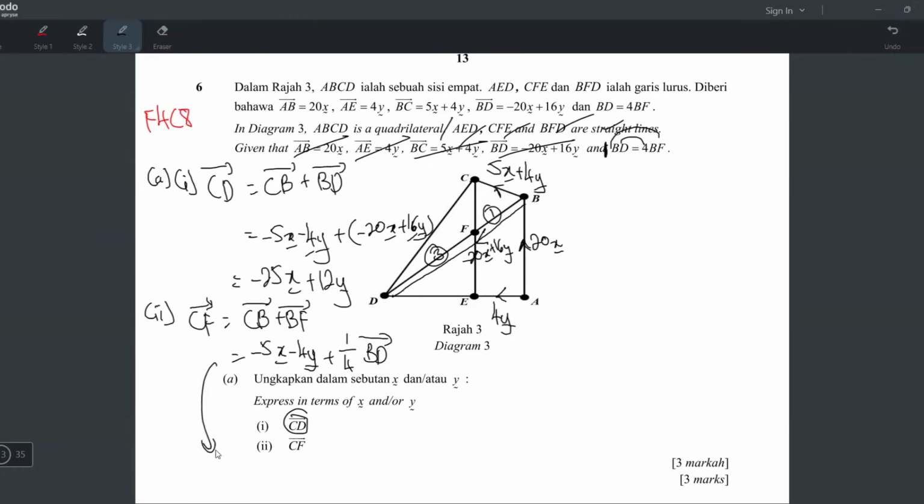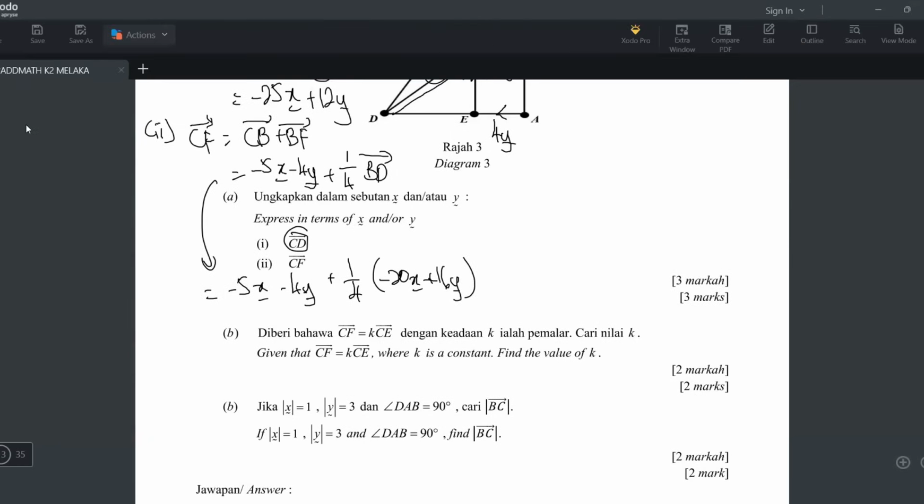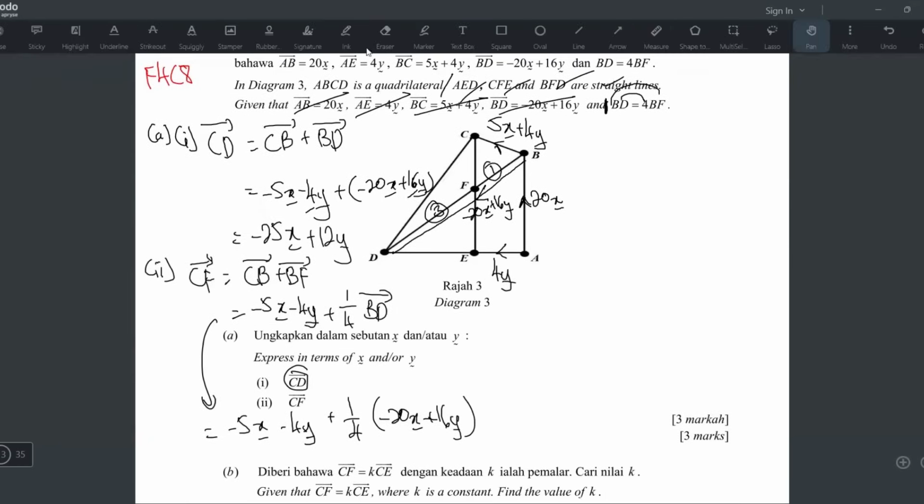Okay, so what will it become? Negative 5x minus 4y plus 1 over 4 vector BD. The BD vector is given: negative 20x plus 16y. So no problem. Okay, now we have to divide by 4 first. After dividing by 4, then we add.